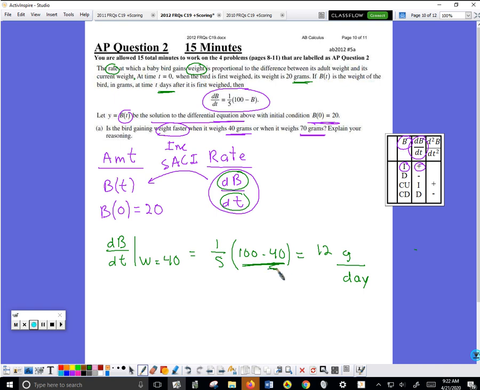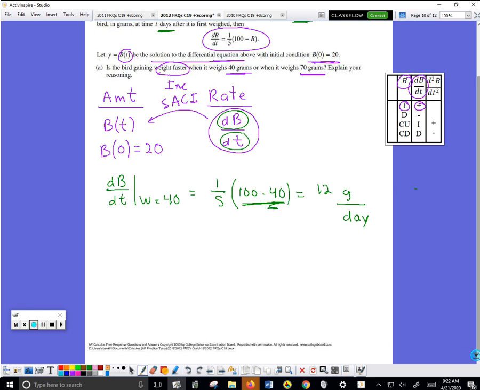Then I do the exact same thing. So I write dB dt at a weight of 70 grams.